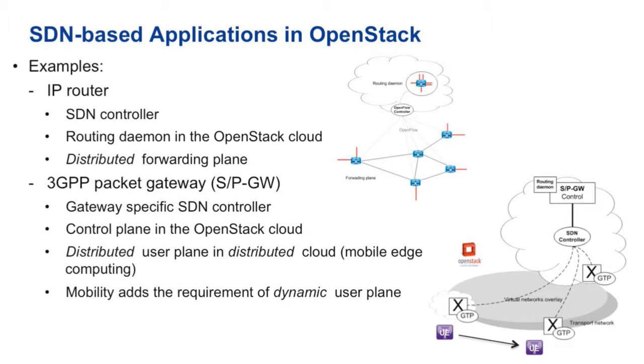A little bit more complicated example is the 3GPP packet gateway. Here again, the control plane is in the cloud. The distributed user plane is in a distributed cloud because of the need for mobile edge computing for certain applications. In addition to this, mobility adds the requirement of a dynamic user plane.